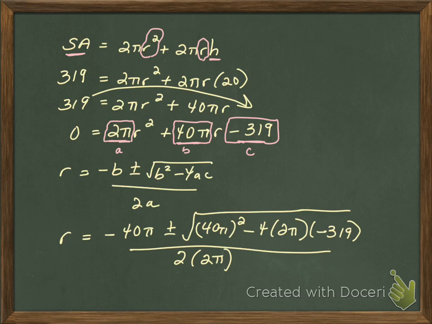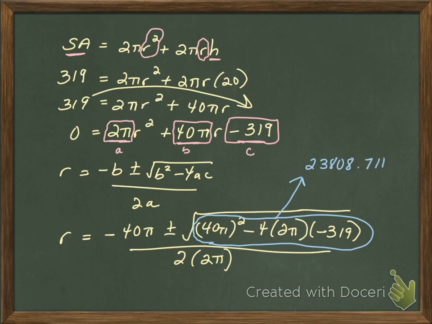Okay, and so you just enter this directly in the calculator, and there is a pi button. You want to maybe break it down into steps to make it easier. So in your calculator, you may want to do this part first, and then apply the rest. Okay, so let me go ahead and do that. The value that I get under that radical when I plug it into my calculator is 238.71149.